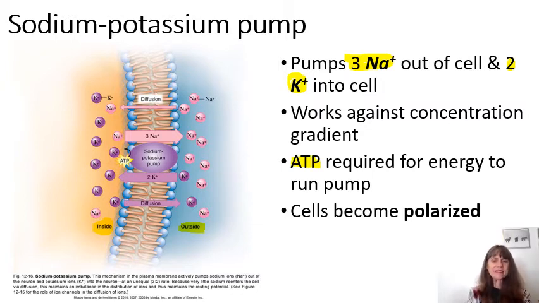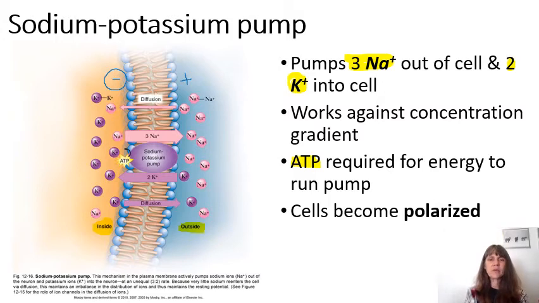And remember that the cells are polarized. Polarity occurs because there is a net difference in electrical charges, with the external portion of the plasma membrane being more positive and the internal portion, where the measurement is taken, being measured as more negative.